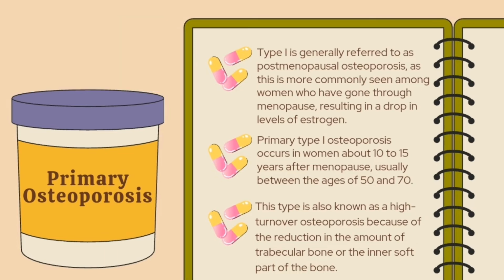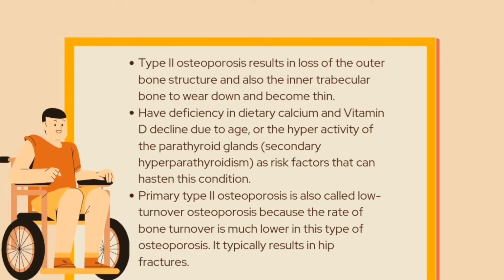and 70. Type 2 osteoporosis results in loss of outer bone structure and also causes the inner trabecular bone to wear down and become thin. Type 2 osteoporosis has a deficiency in dietary calcium and a decline in vitamin D due to age, with hyperactivity of the parathyroid glands as a risk factor that can hasten this condition.